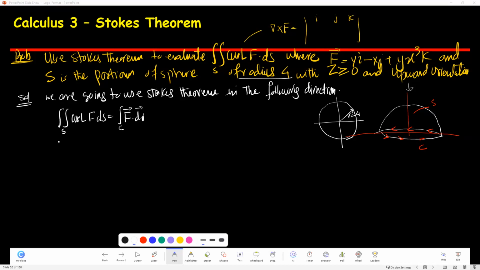So I'm going to write r: x, y, z, where x equals r cos t, y equals r sin t, and then z equals 0, and the parameter t goes from 0 to 2 pi.